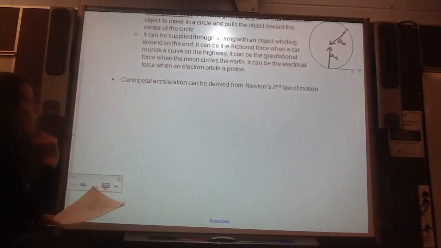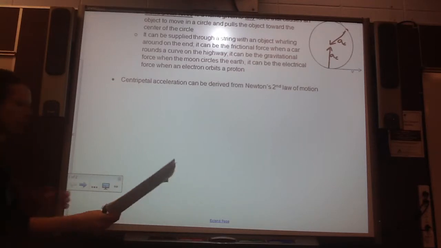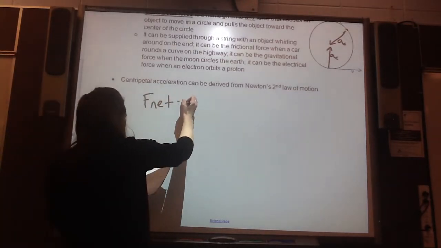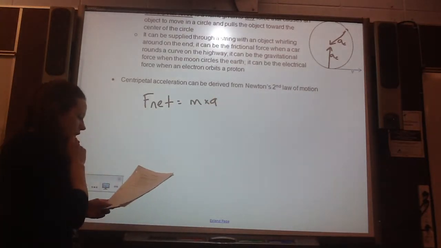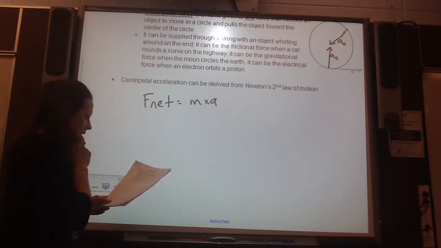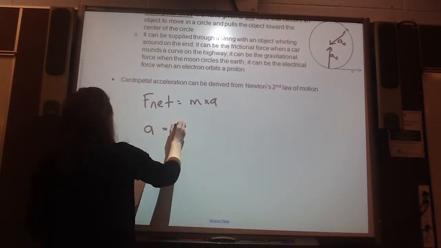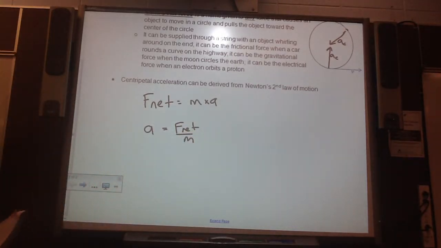So, centripetal acceleration can be derived from Newton's second law of motion. So we know F net is equal to m times a. So if I'm solving for a, a is equal to F net over m. Now I'm going to apply this to my centripetal motion.